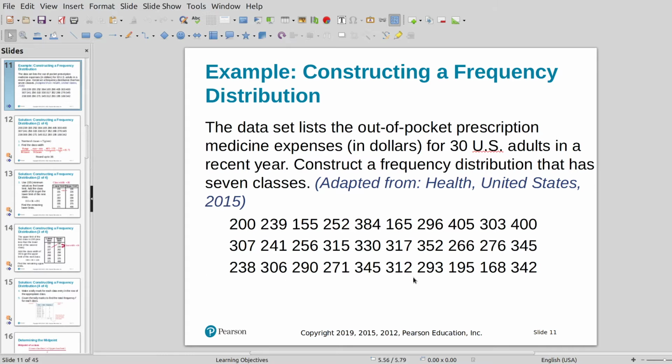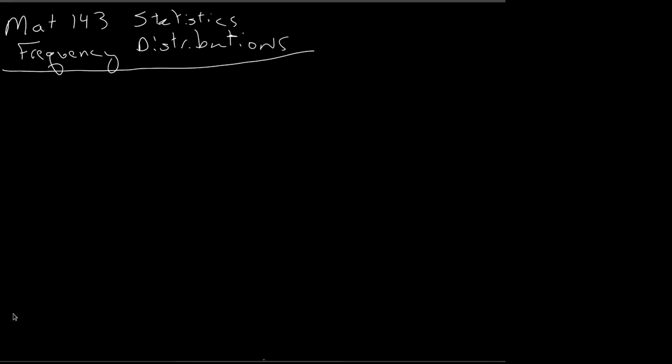No. Well, let me come back here, and I can write that my maximum value, my X max of my data, the largest piece of my data is 405, and my X min, my smallest piece of data, was 155.